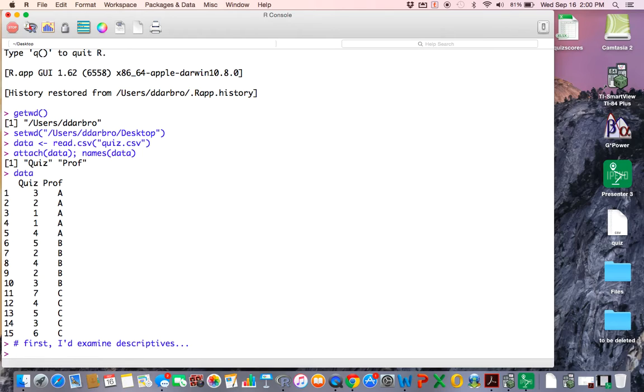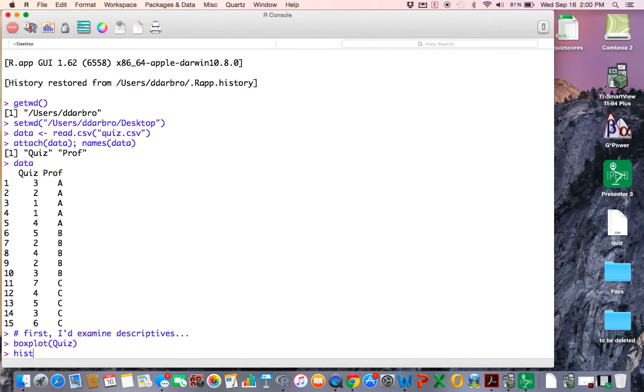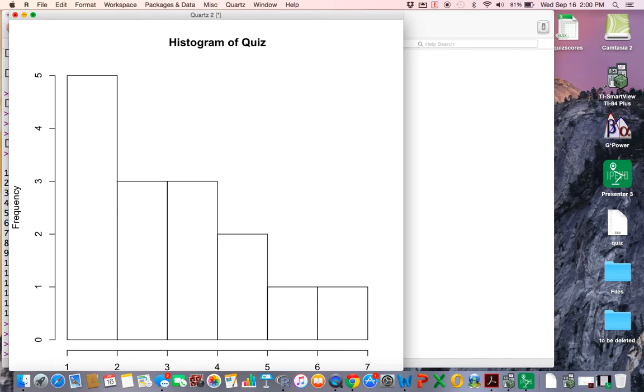Something I may want to do is look at a box plot of my quiz scores. And I can see I have a relatively symmetric distribution with no outliers. I may want to look at a histogram of my quiz scores. We have a positively skewed distribution of all the quiz scores.